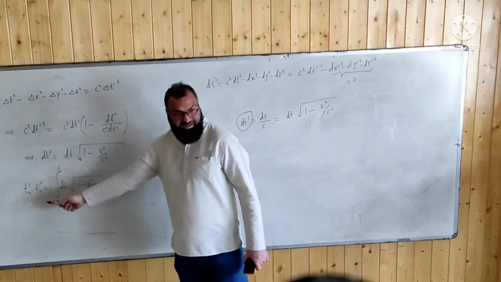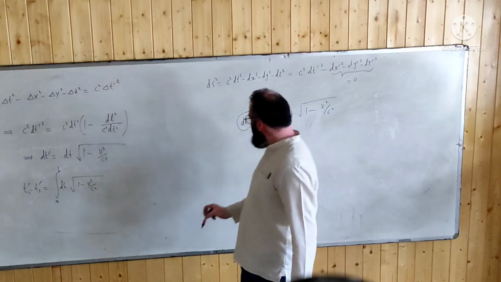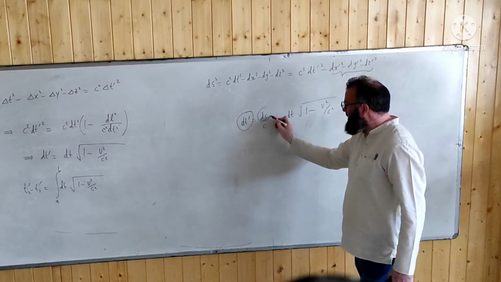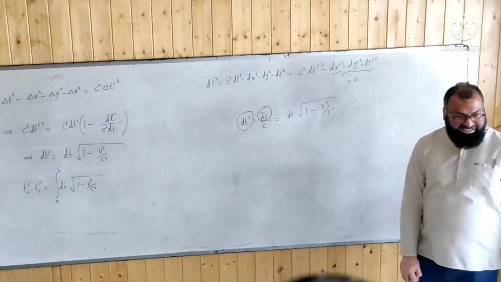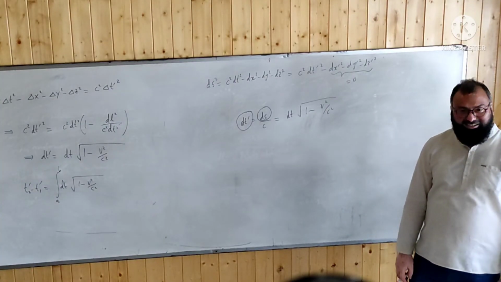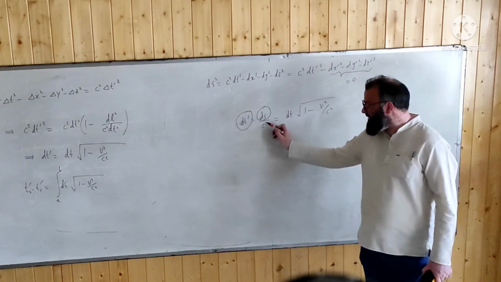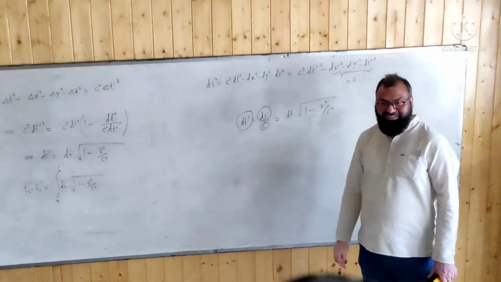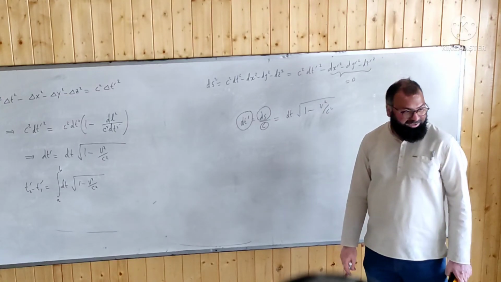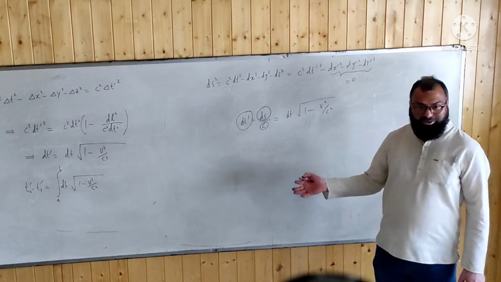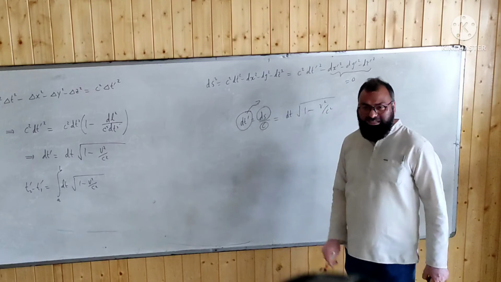So what is this dt prime? It is the proper time. Now what is this object ds? It is the length of the interval, an interval, and that is an absolute quantity. What is c? The ratio of two absolute quantities is what? An absolute quantity. That's why this proper time is an absolute quantity.